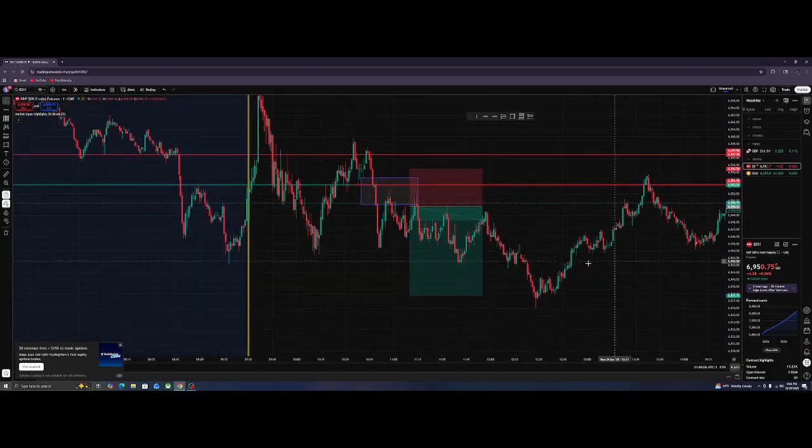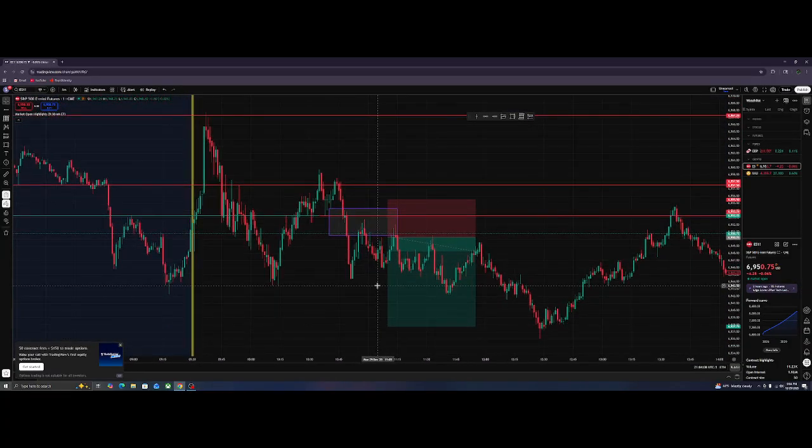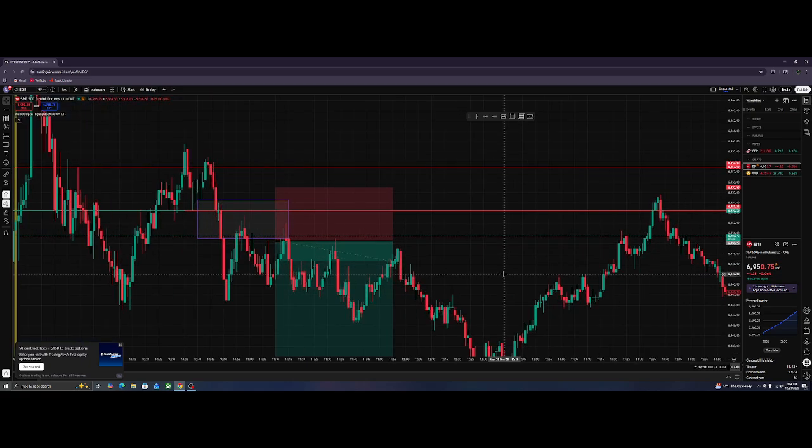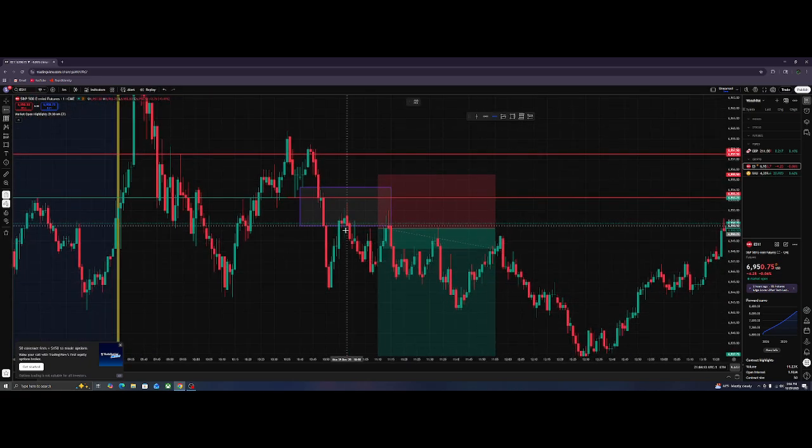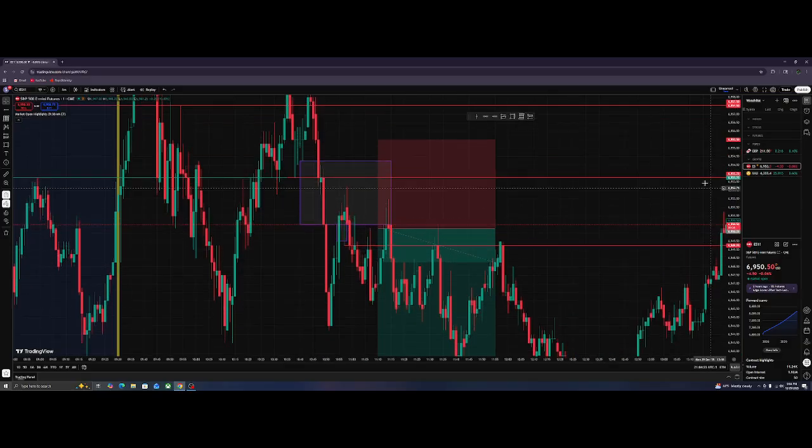After that fair value gap, you look for another break of structure or inverse fair value gap. You got this break of structure here, and also an inverse fair value gap.